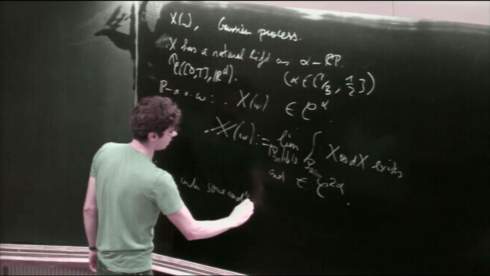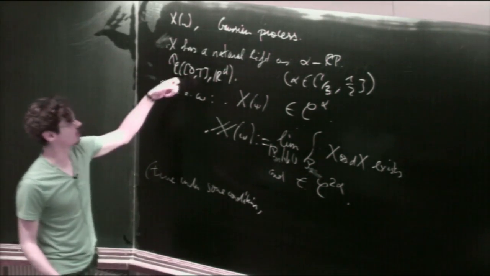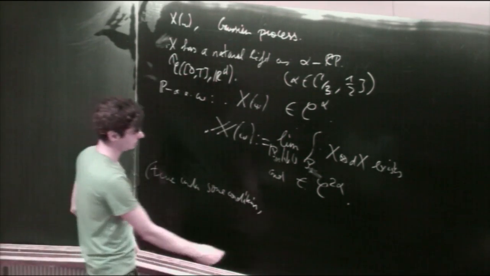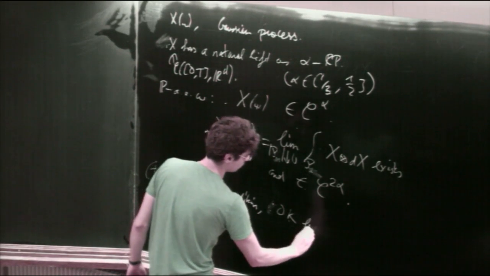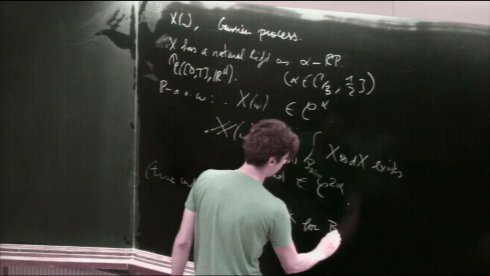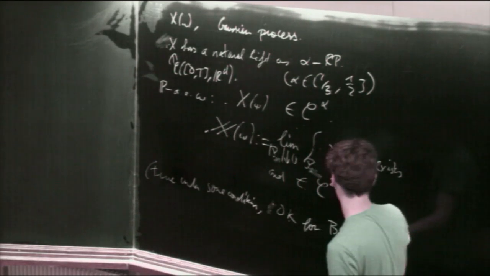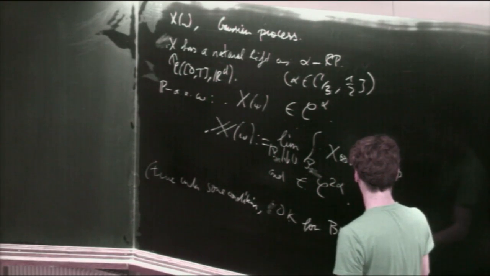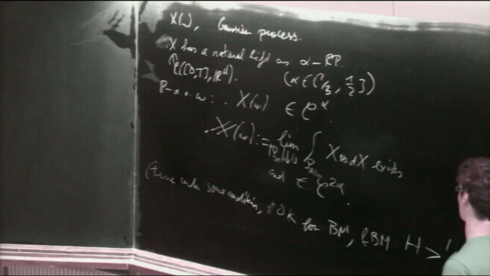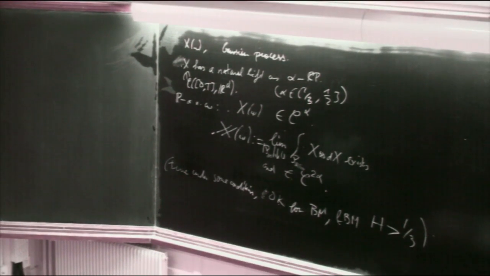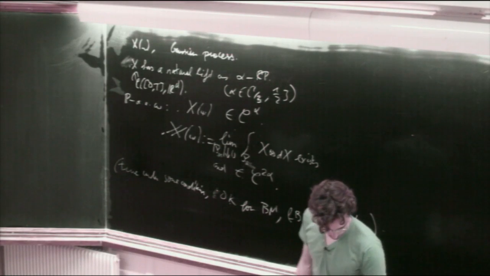In particular, it holds if you take d-dimensional Brownian motion, and also for fractional Brownian motion with Hurst index greater than 1/3. So this is the basic setting in which we put ourselves.